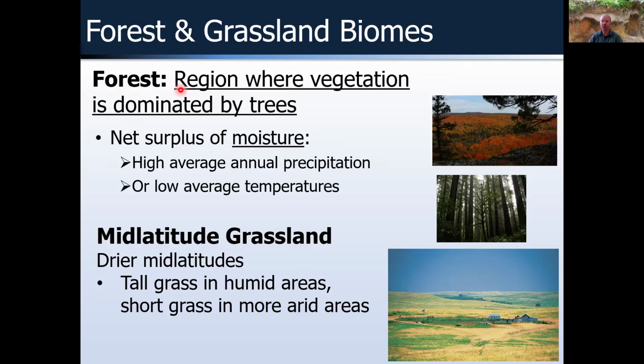And so a forest is a region dominated by trees. It needs to have a net surplus of moisture, or at least lower typical atmospheric temperatures, so average temperatures, but largely dominated by this net surplus because you need quite a bit of moisture to support something as large as a tree in terms of vegetative growth.